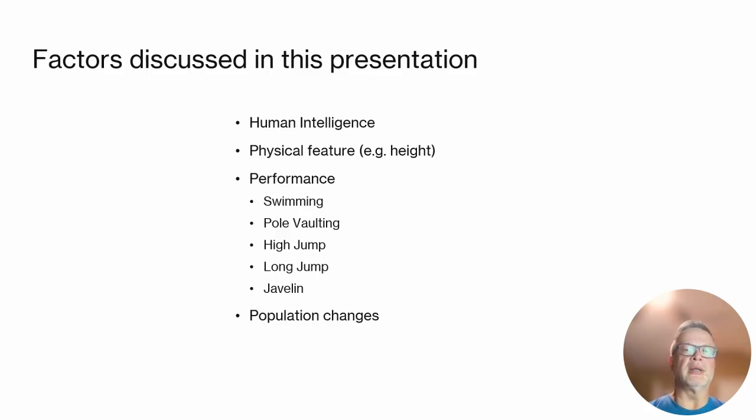So I'll take this one as a parameter of the human body, and several performance parameters: swimming speed, pole vaulting, high jump, long jump, and javelin records. These are, of course, sport disciplines.